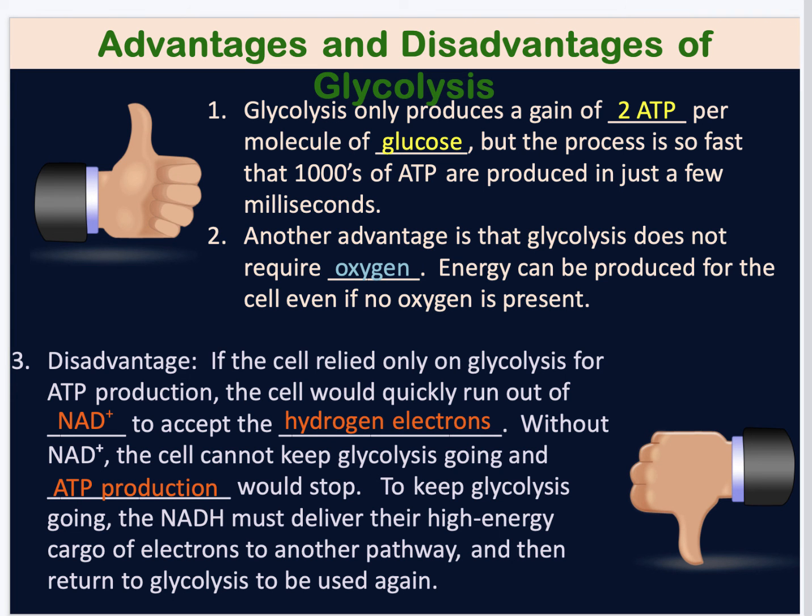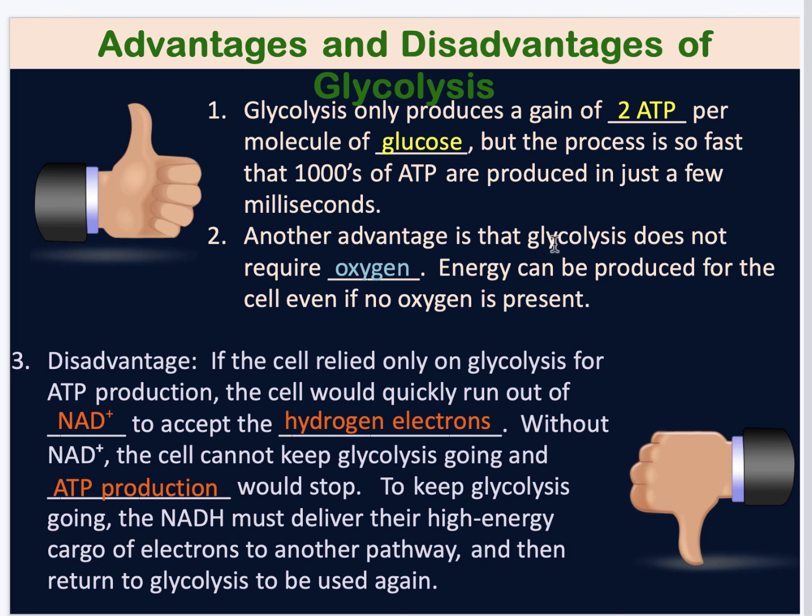Okay, so next, advantages and disadvantages of glycolysis. So I'll read this, but then I'm going to basically break down what I want you to know about the advantages and disadvantages. Glycolysis only produces a gain of 2 ATP per molecule of glucose, but the process is so fast that thousands of ATP are produced in just a few milliseconds.